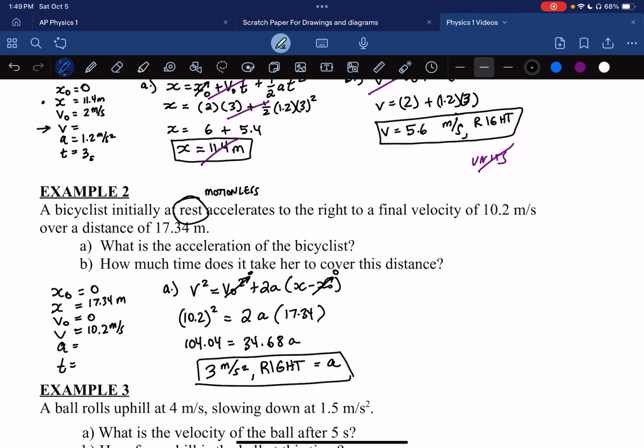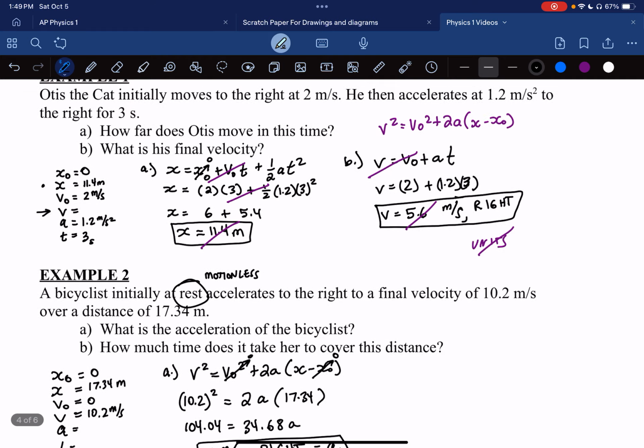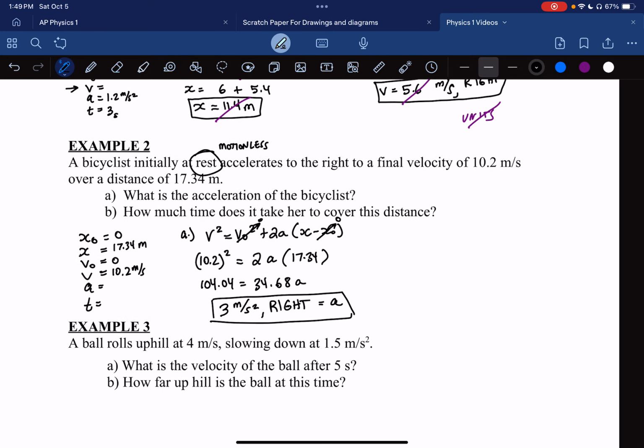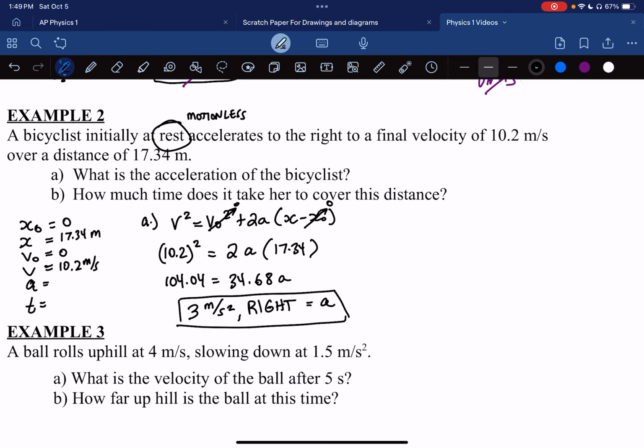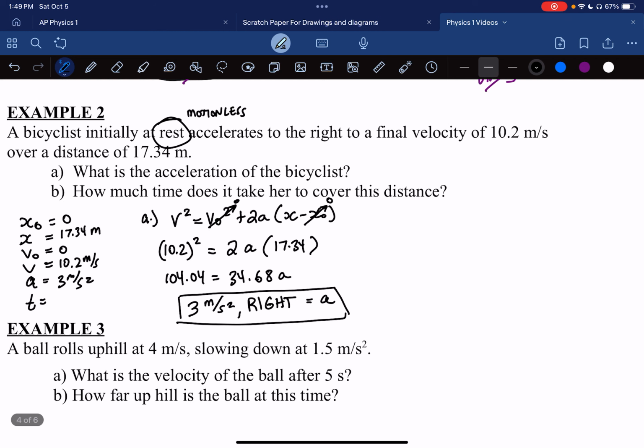All right, let's go back to over here. Okay, we have our acceleration. We can put that here. And we just need to find t. The easiest equation for t, when you have everything else, is the first equation. If you can use that first equation, take advantage of that.